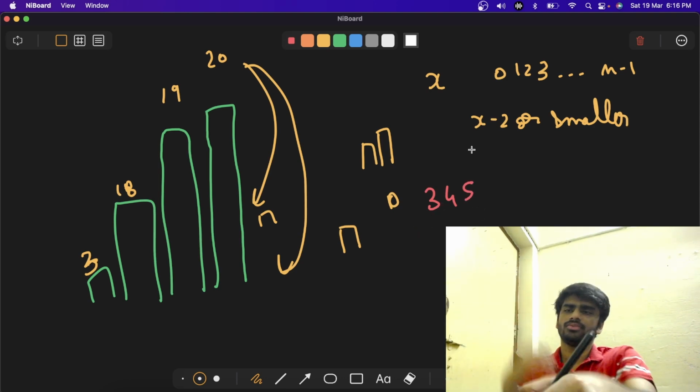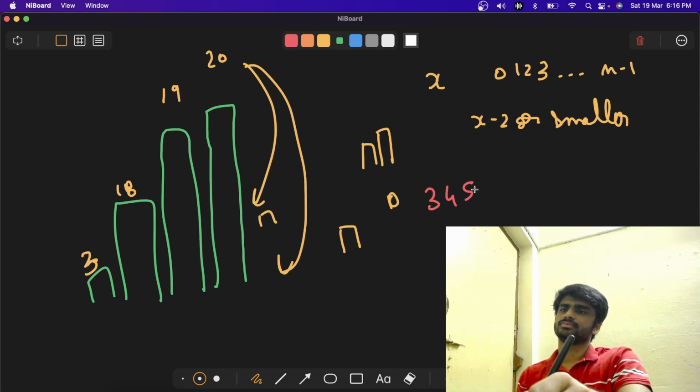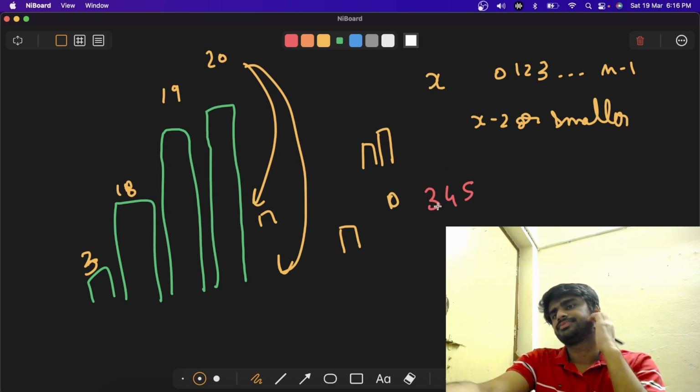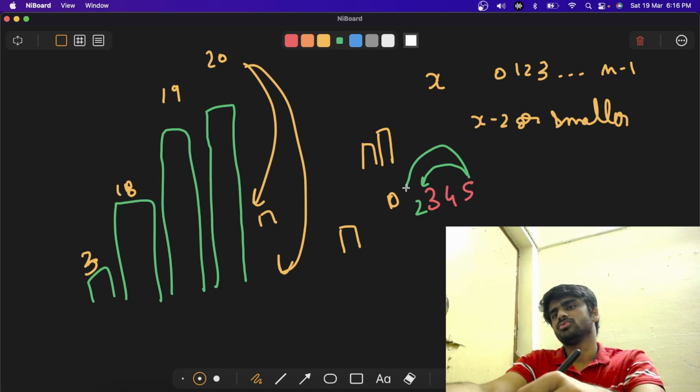What if we had 0, 3, 4, 5? Then I have options basically. I can go to this 1 or I can go to this 2. That's what you have to choose. So should this 5 become 2 or 1?